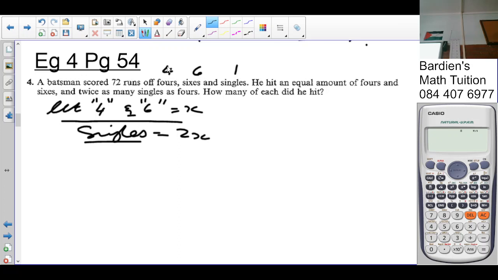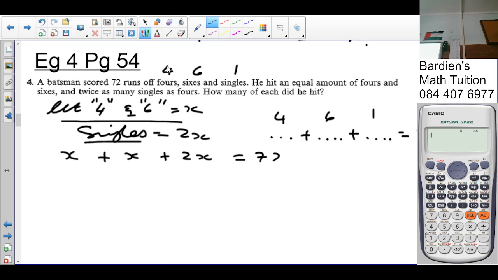Remember, I'm adding a certain amount of 4s, a certain amount of 6s, and a certain amount of singles, and it's going to give me an answer of 72. But what does this represent?